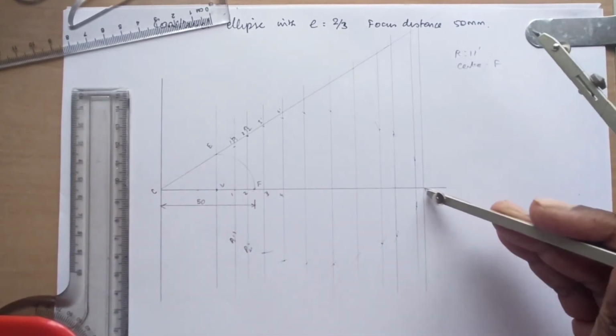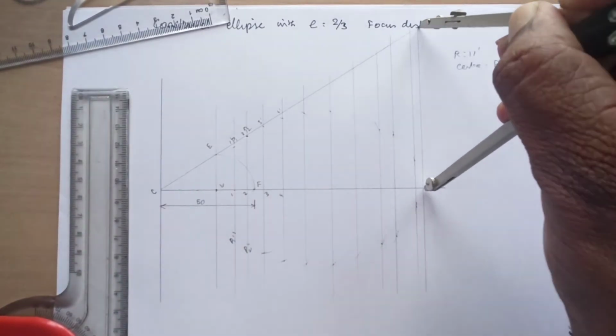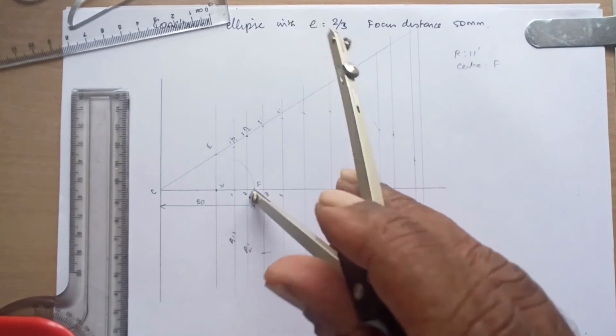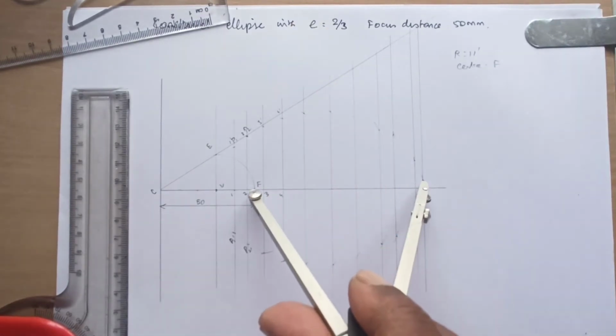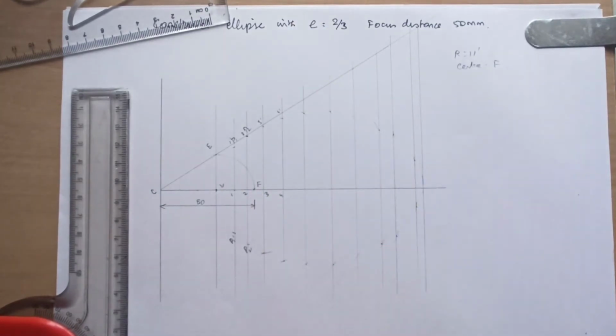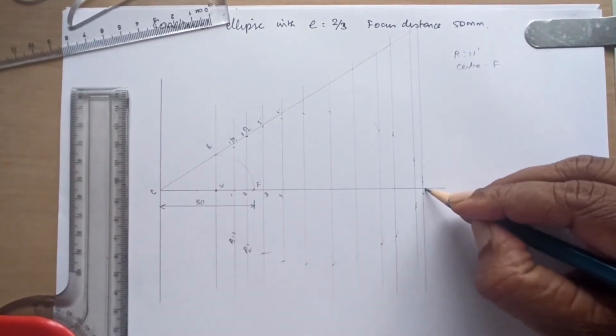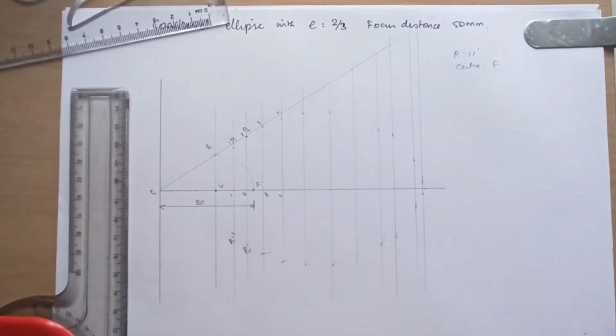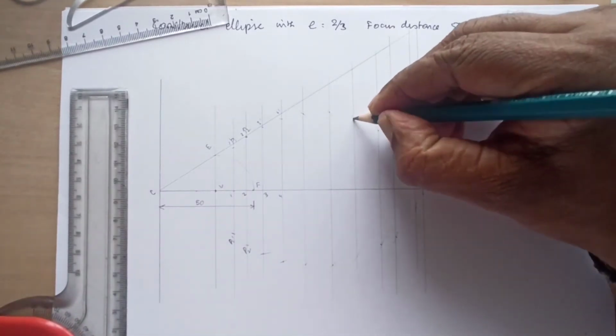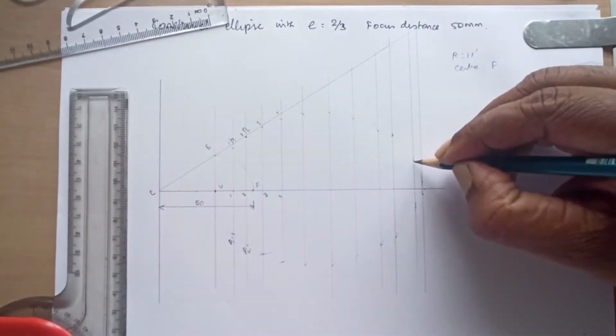Now we can just find this distance, so it's very close. So this point and this point, maybe the curve may be crossing here. Now these points we have to join by a smooth curve.